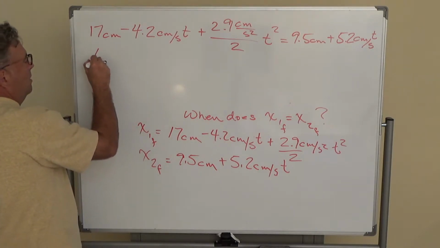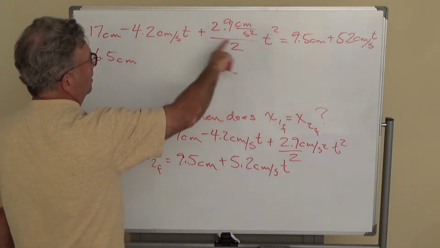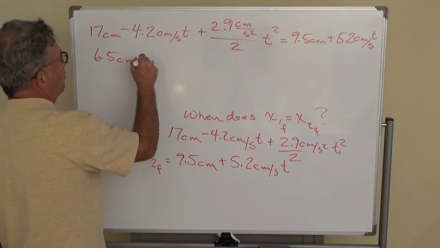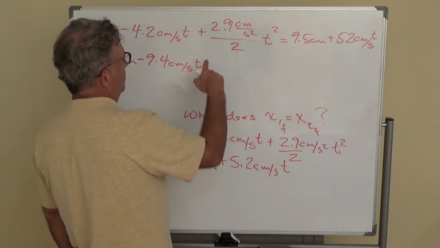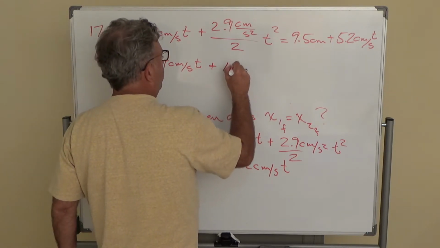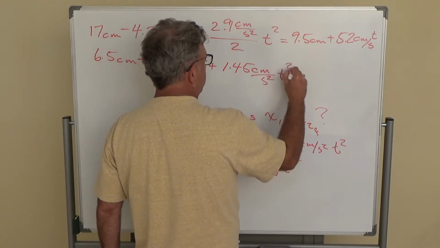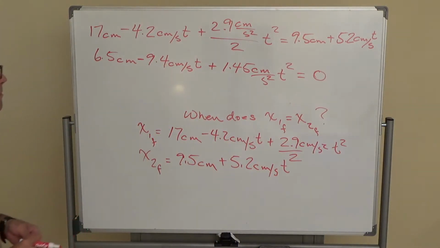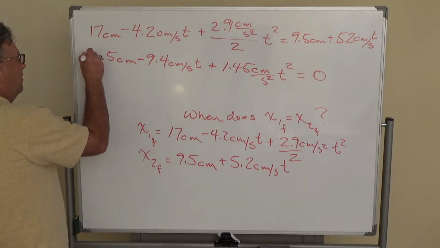You get 6.5 centimeters, no, this is 7.5. 7.5 centimeters, and this is negative 4.2 minus 5.2, so that's negative 9.4 t, and this stays plus 2.9 over 2, which is 1.45 centimeters per second squared t squared, and all of that is equal to 0.